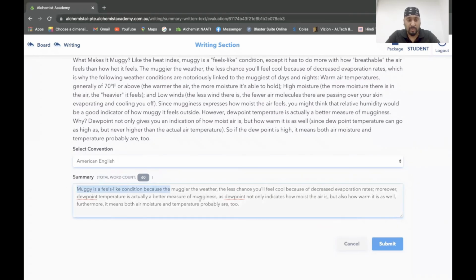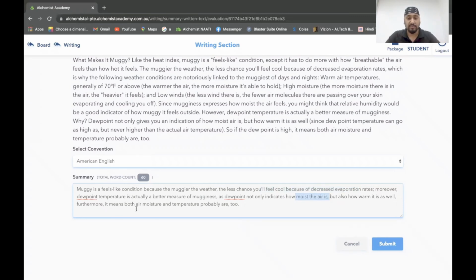All right. Now I have got all my key points over here. I've got all my content here. I've got my topic sentences sitting in there. It is just defining what muggy is, and it is explaining why you feel that way. And they're talking about the dew point temperature, which is a better measure of mugginess because it indicates how moist the air is, but also how warm.